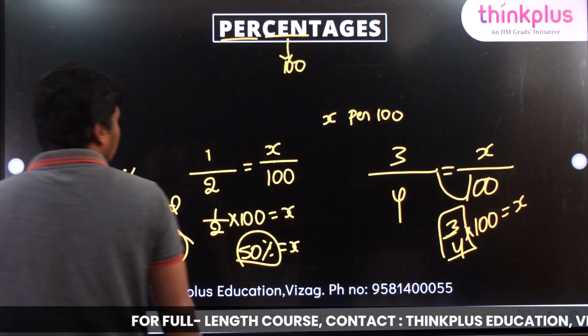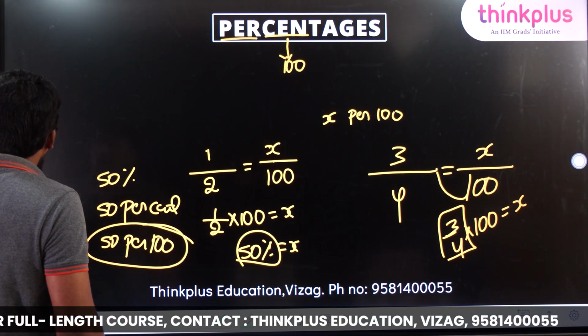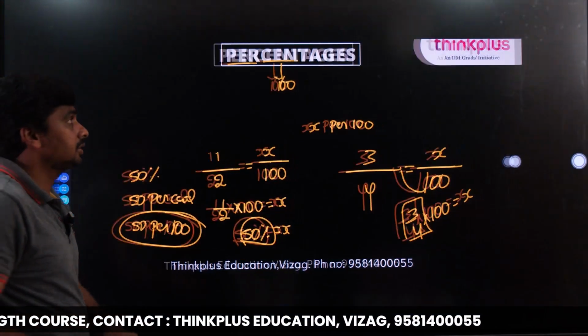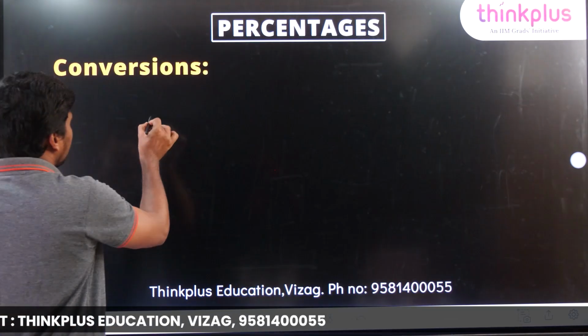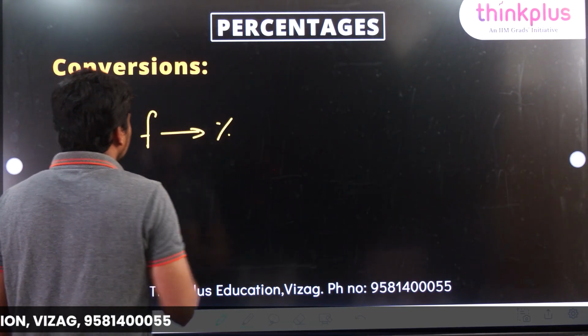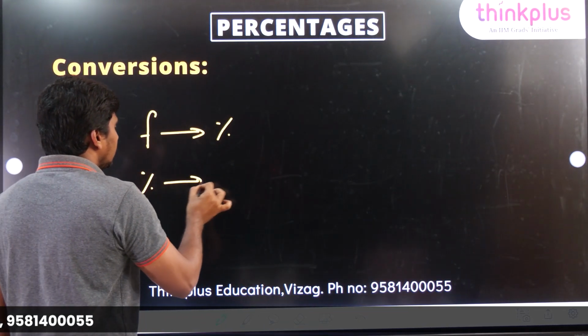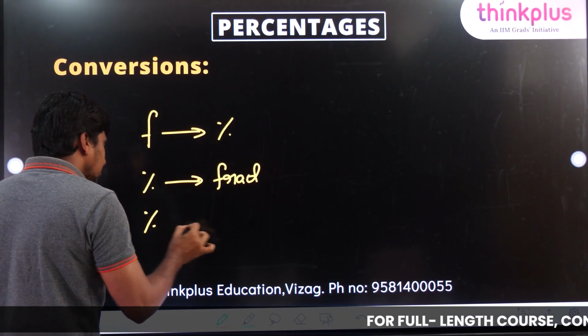Here I'm talking about the basic meaning and sense of percentage, but you also should know the different conversions. What are these conversions? Fraction to percentage, percentage to fraction, and percentage to decimal.